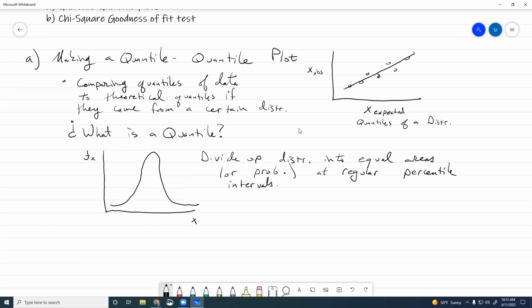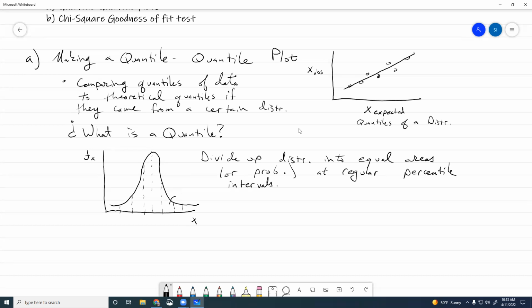And so if we're interested in, let's see here, 0.125, is that an eighth? We can really pick any number, but if we want to divide it up into equal areas, we can do that like this.